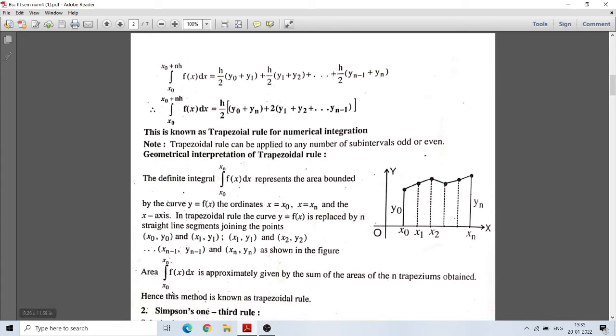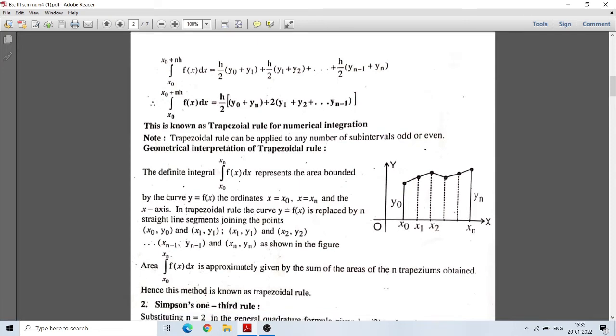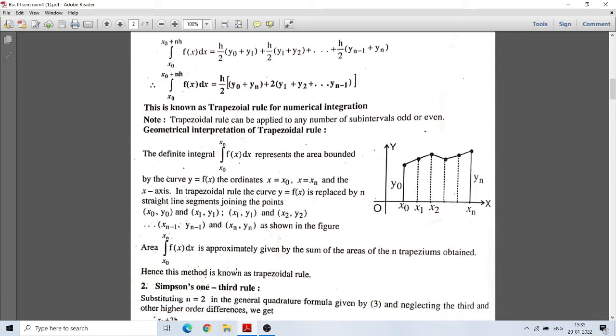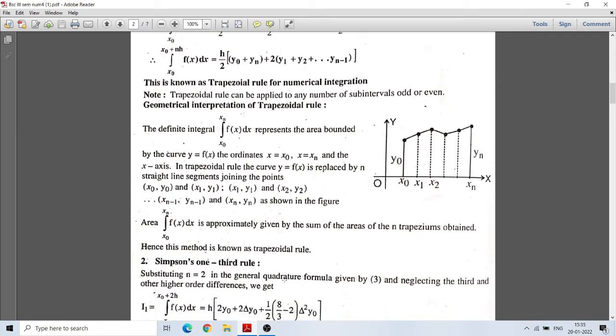Then the integral from x naught to xn of f of x is approximately given by the sum of the areas of the n trapeziums. Here we apply the formula n times: 1, 2, 3, 4 and so on. This method is known as the trapezoidal rule.